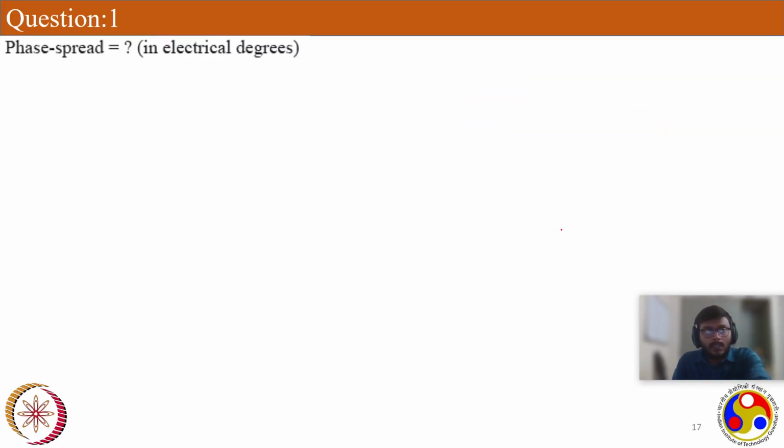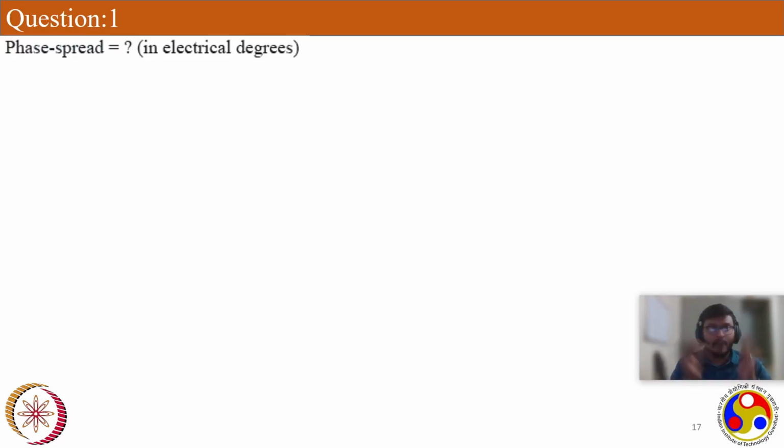It's simple. Now, phase spread. Phase spread is how much angle each of my phases is spreading. That is what we are interested in. Before finding that, we need to find how many slots each phase is occupying.